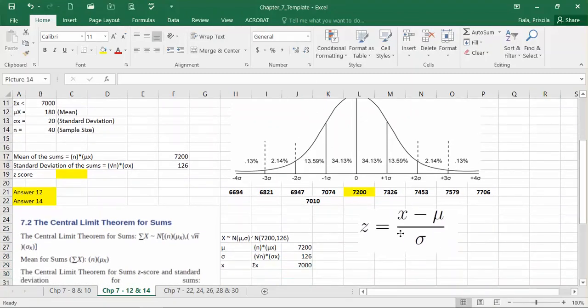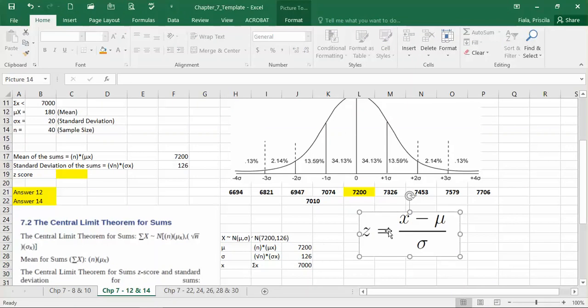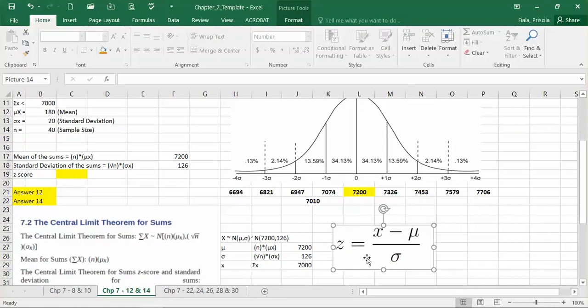So now we have all the values to plug into this formula. Now I can define my z score, since I have all the values: my mean right here, my standard deviation over here, and my x value over here.